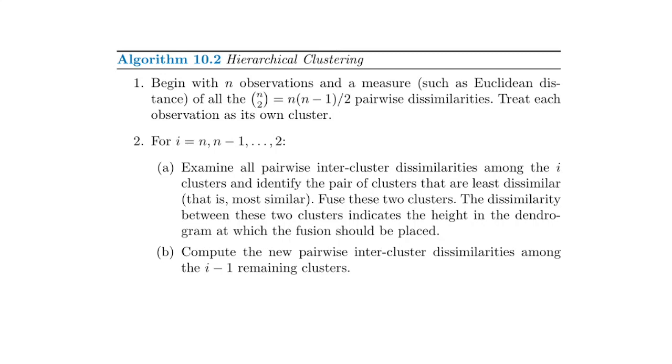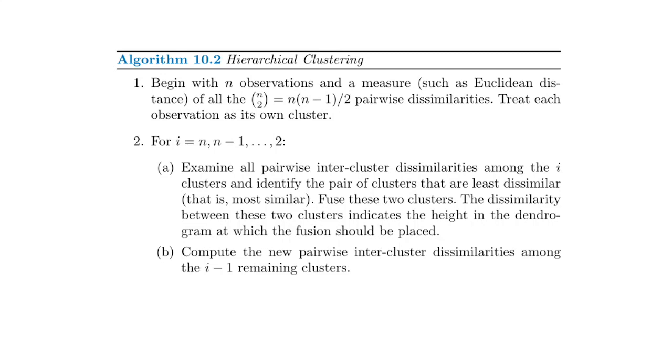In the iterations, we examine all the pairwise intercluster dissimilarities among the i clusters, and then we identify the pair of clusters that are least dissimilar, meaning they are close to each other, mostly similar to each other, and then we fuse these 2 clusters. When I say clusters, in the first step it is observations before they become clusters.